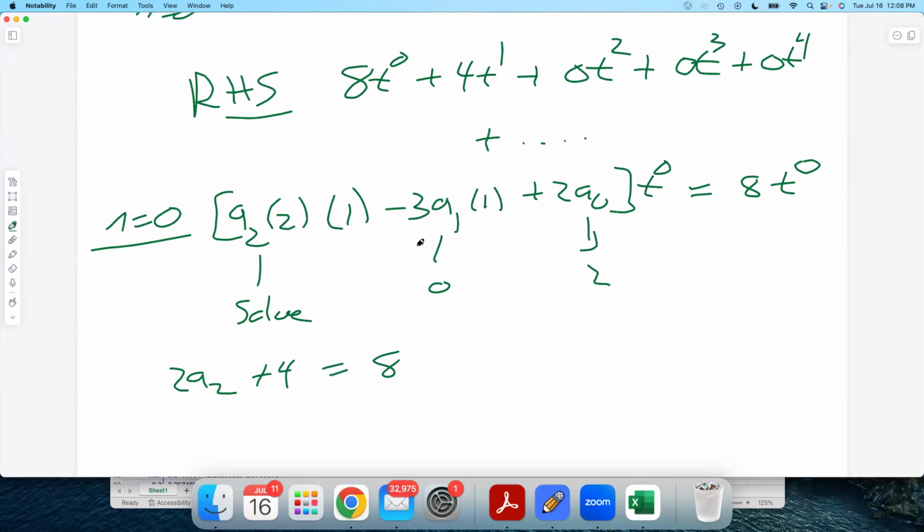So I've just simplified all this. I know a1. How do I know that? Because those were my initial conditions. a0 is always y of 0. a1 is always y prime of 0. Those were given. So I think we just get a2 equals 2 here, right?